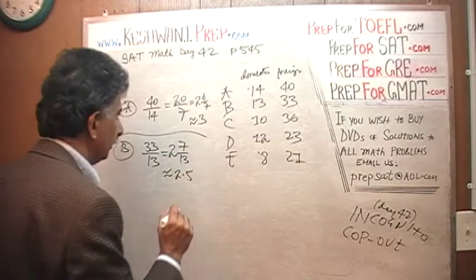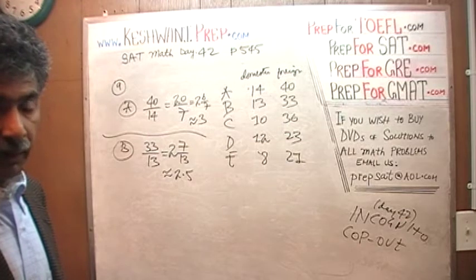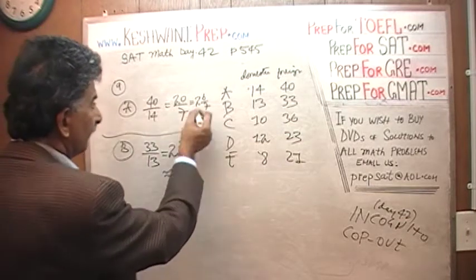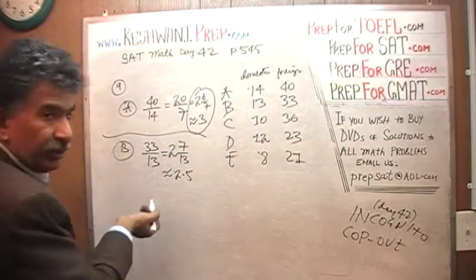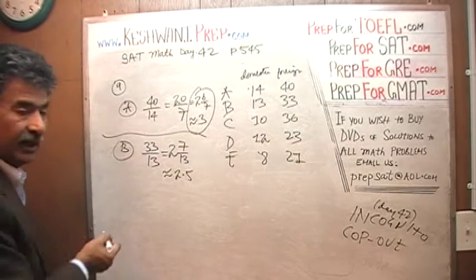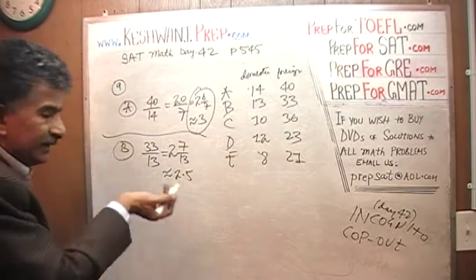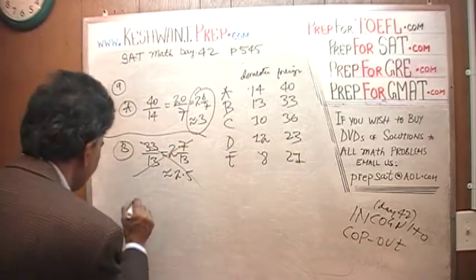This answer is not very important. Why? Because we're looking for the largest ratio. We already found that A is close to 3, and this is nowhere close to 3. For it to be close to 3, the top would have to be close to 39, because 13 times 3 is 39. It's 33. B is not in the race.